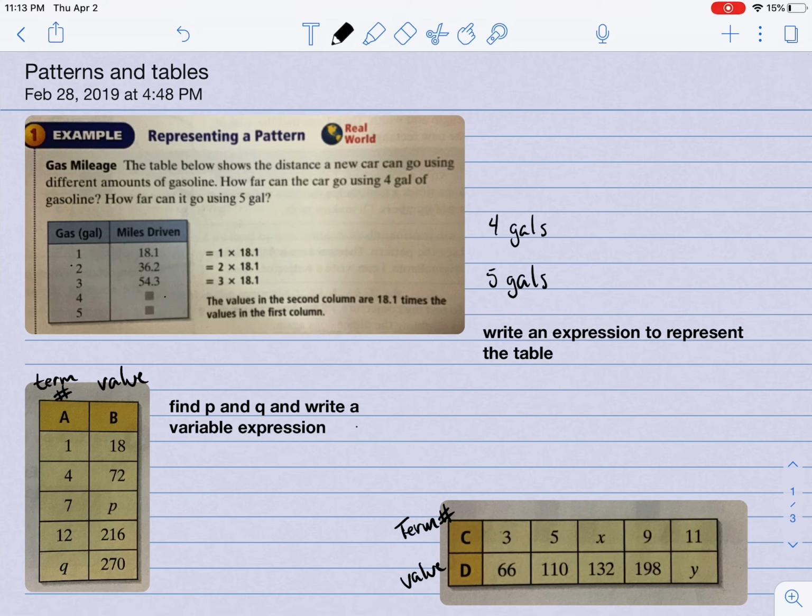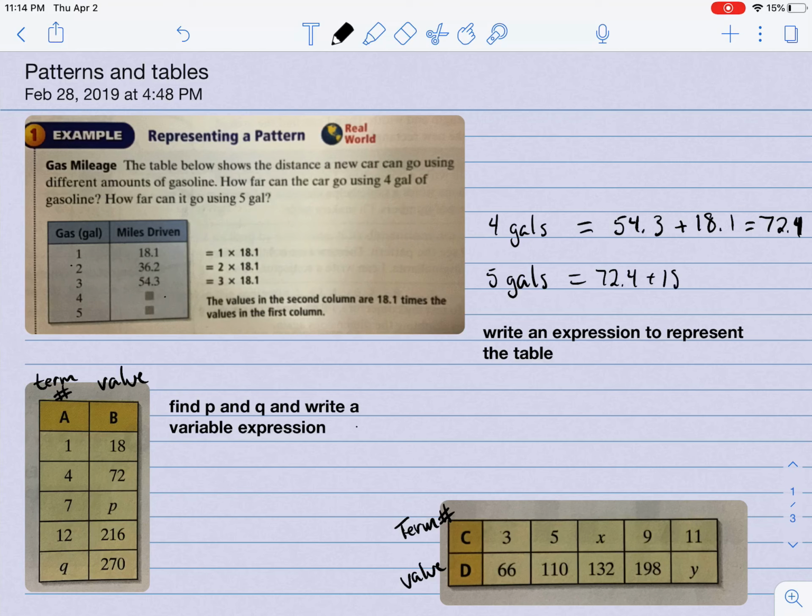So what we're doing is we're adding that 18.1 each time. So now to find the fourth term, or how far I can go for 4 gallons, it would be that 54.3 plus 18.1, which is going to equal 72.4.